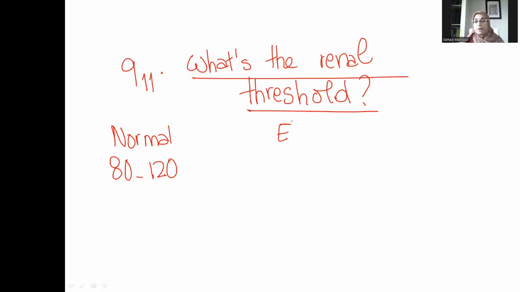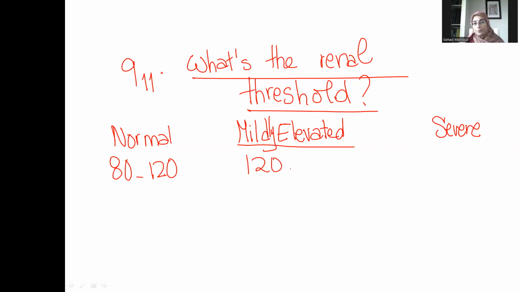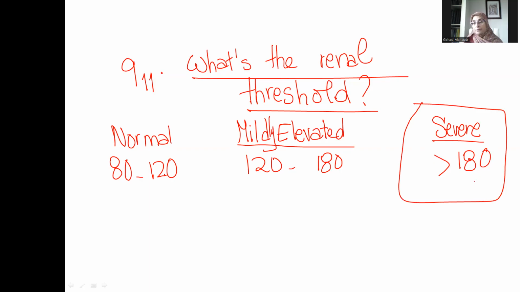And then we have elevated blood glucose levels. But the elevation might be mild or severe. Mildly elevated is between 120 and 180, and severely elevated will be more than 180. All the symptoms I have explained occur after blood glucose level exceeds 180.